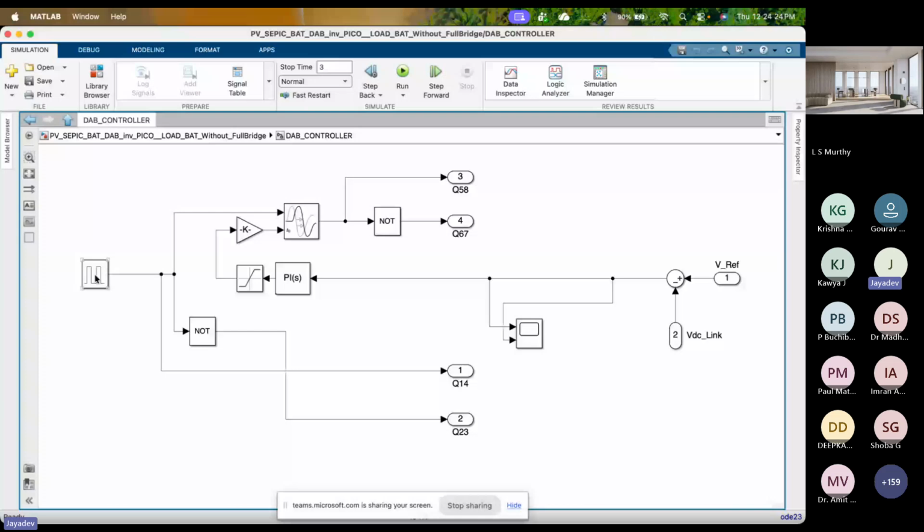The reference signal is compared, then the error is fed to the PI controller. We have used a saturation to limit the value, and the gain.